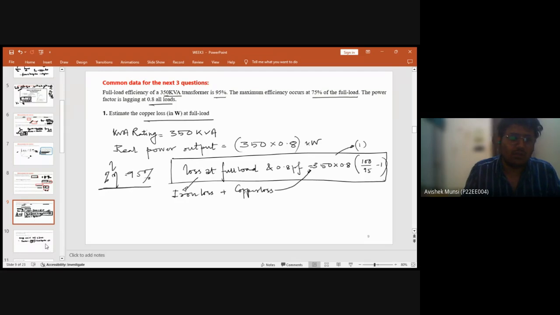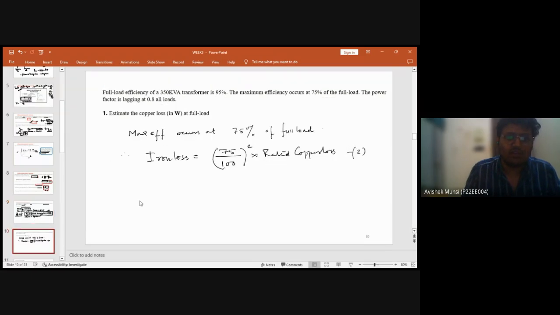We are not able to copy it, so I'm writing it here. We have another equation: iron loss plus copper loss is equal to 350 into 0.8 into (100 by 95 minus 1).